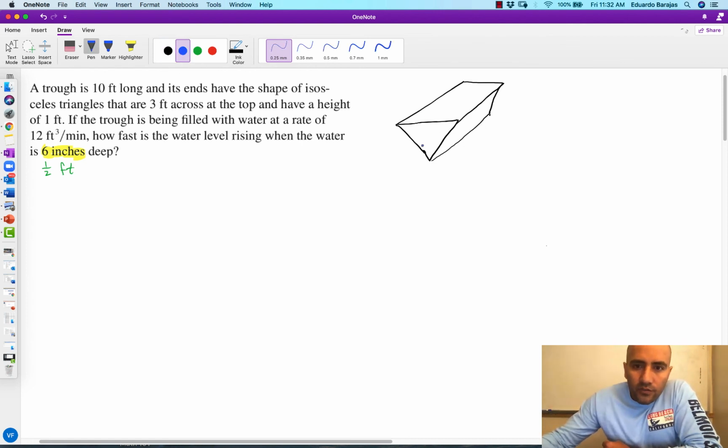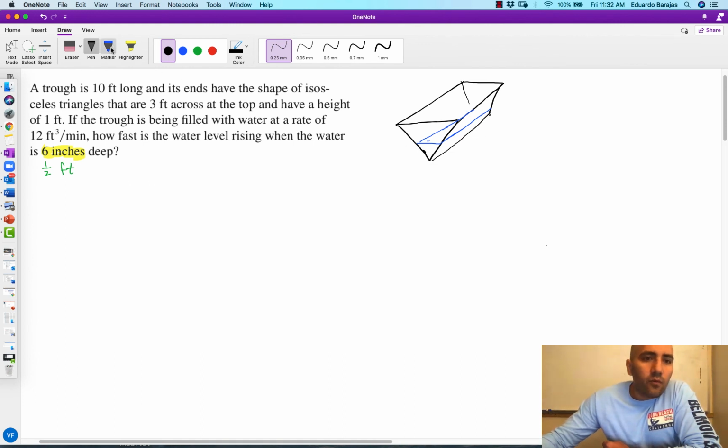And then of course there's water being filled. So here's the water line like this, and inside here we have water. I guess this comes down here, like that.